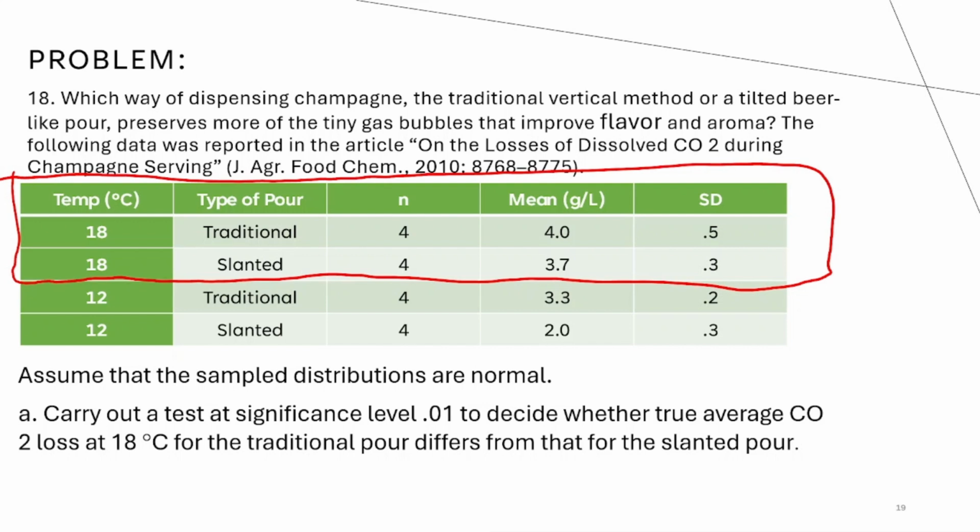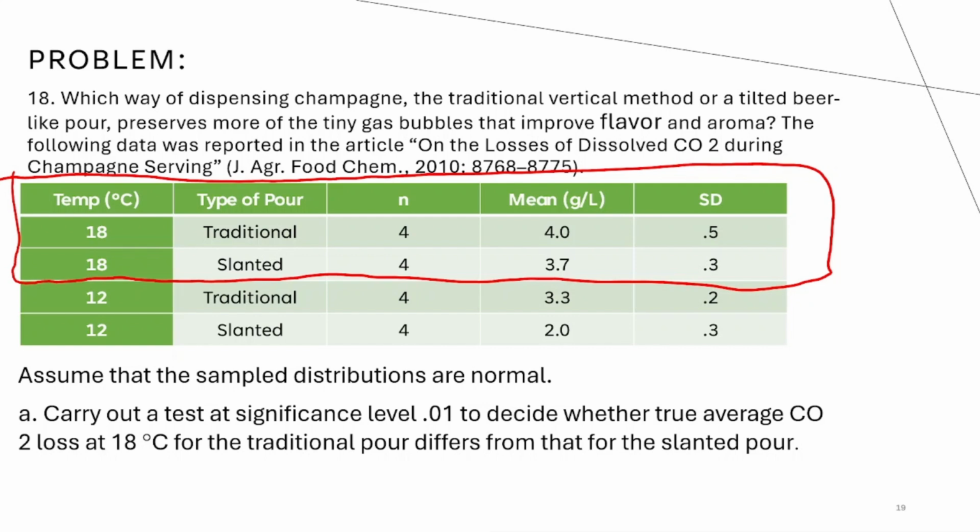I guess a 12 degrees Celsius temperature would have an impact as well. You probably see a difference. There's probably more volatility with higher temperatures than low. But we're not going to worry about that right now.